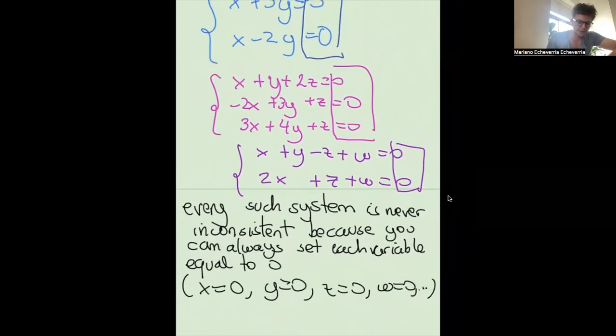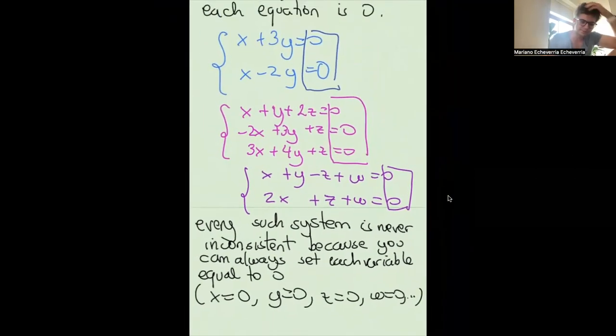That makes sense because if you just plug in x equals 0, y equals 0, you get 0 equals 0, 0 equals 0. And again, here it will give 0 equals 0, 0 equals 0, 0 equals 0. So that's okay. The nice thing about homogeneous systems is that they can always be solved.